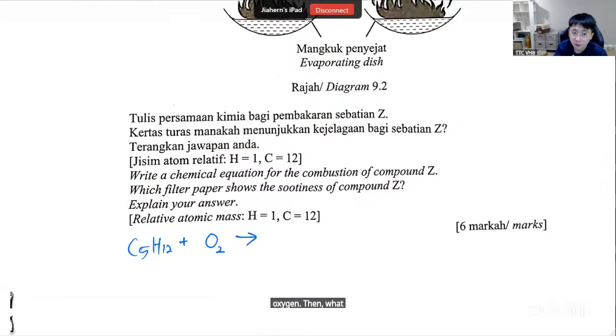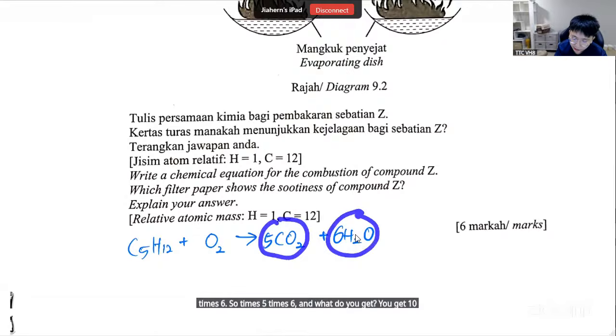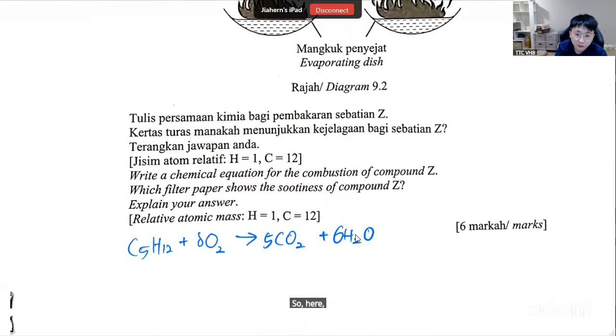Then what is the product for complete combustion? CO2 and H2O. Then balance the equation. I put 5 here first, and then got 12 H, so this one times 6. So 5 times 2 is 10 oxygen, plus 6 oxygen, in total 16 oxygen. So oxygen on the left times 8.